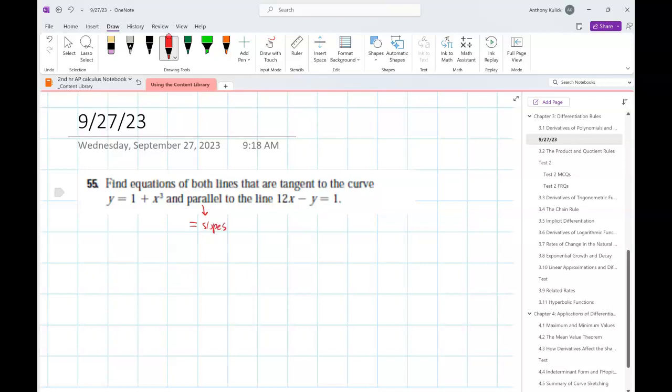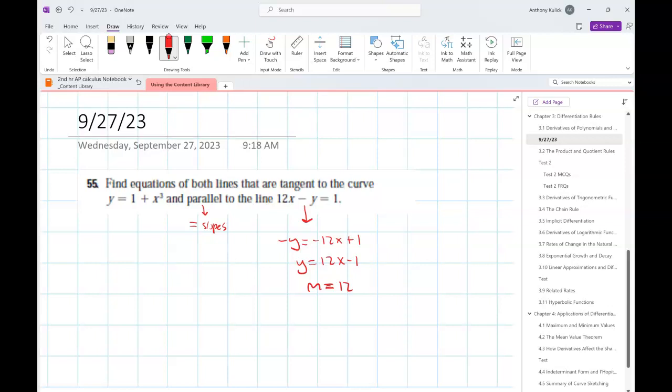So I'm going to take my equation and figure out the slope from this. We'll subtract the 12x from both sides and then divide by -1. So I know the slope I'm looking for is 12.